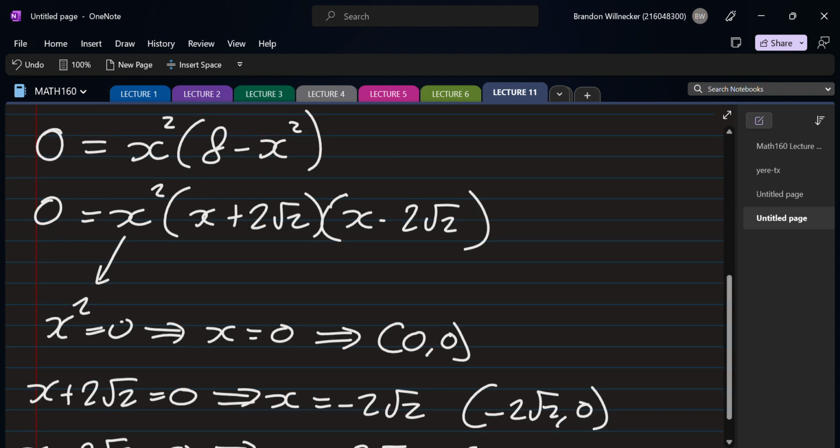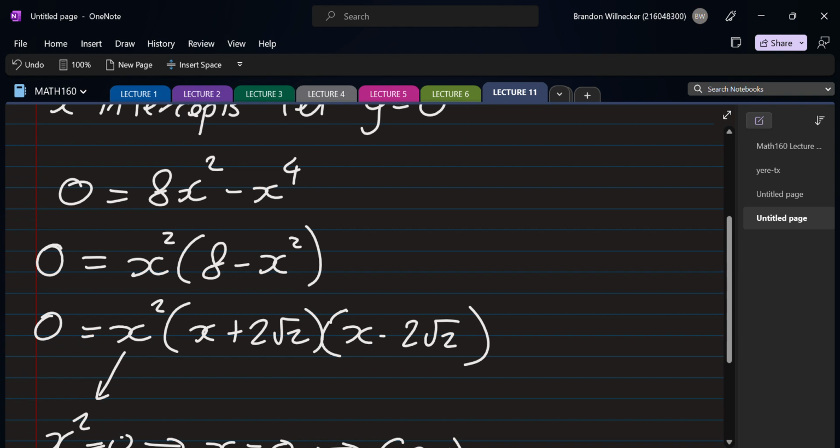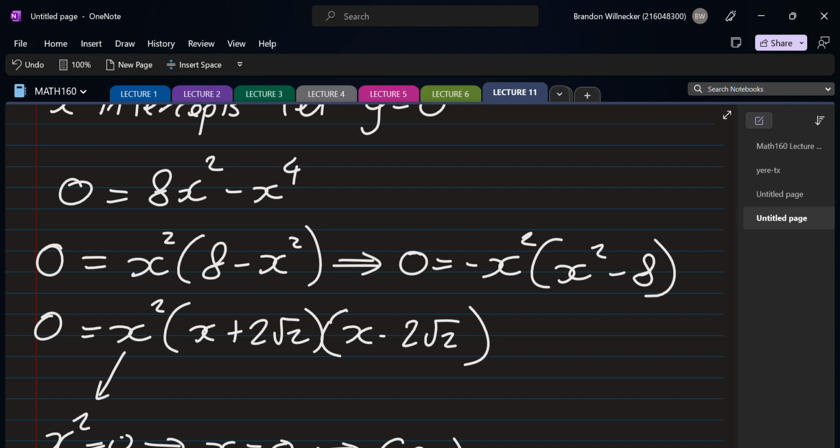On the top part, the x was negative, then here, when it factorizes, the x becomes positive. Good point. Here, I like to write it with the x in the front. What I did was I took out a minus sign. If we take out a minus sign, we could write it as 0 equals minus x squared minus 8. But because the other side is 0, we can just multiply by minus 1.